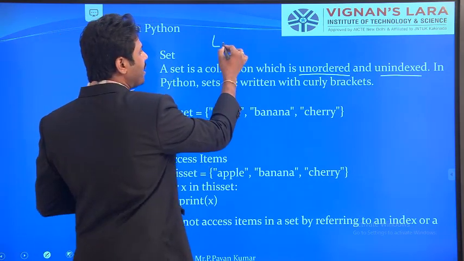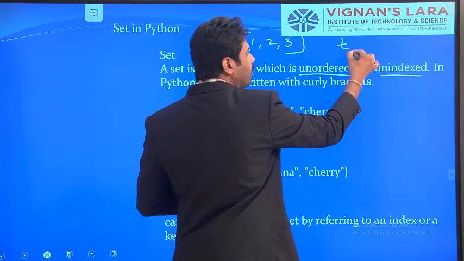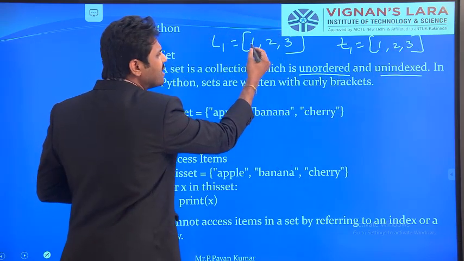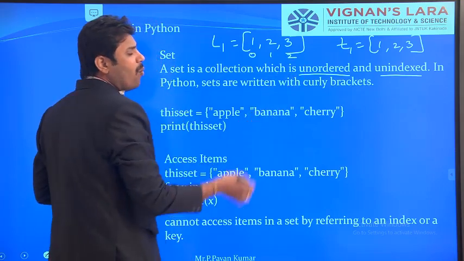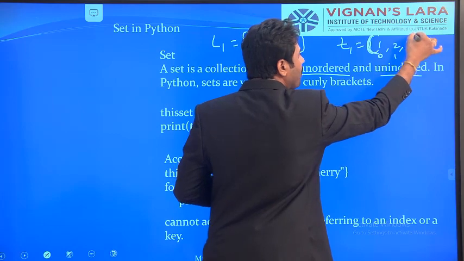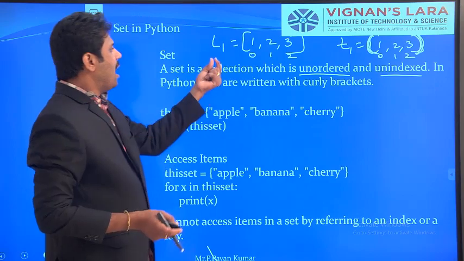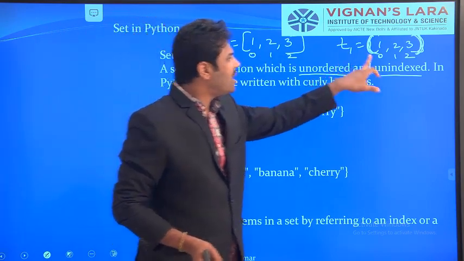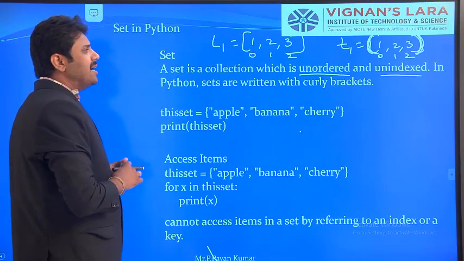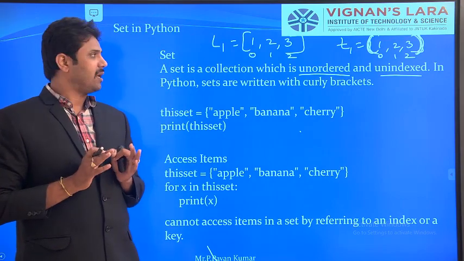For example, if you take list L1, 1, 2, 3, or tuple T1, 1, 2, 3, both have indexing: 0, 1 and 2. But in sets, we don't have any indexing.